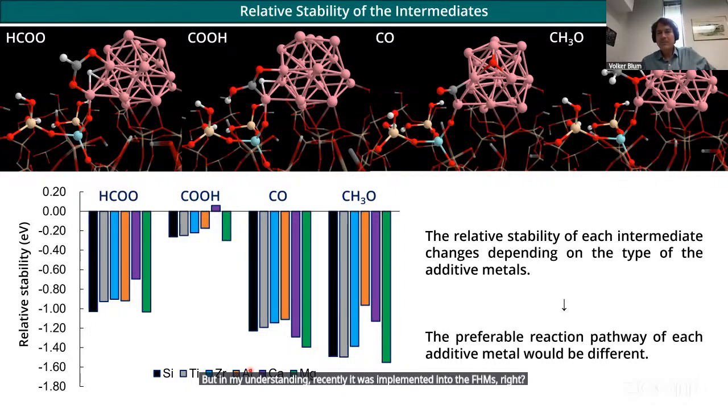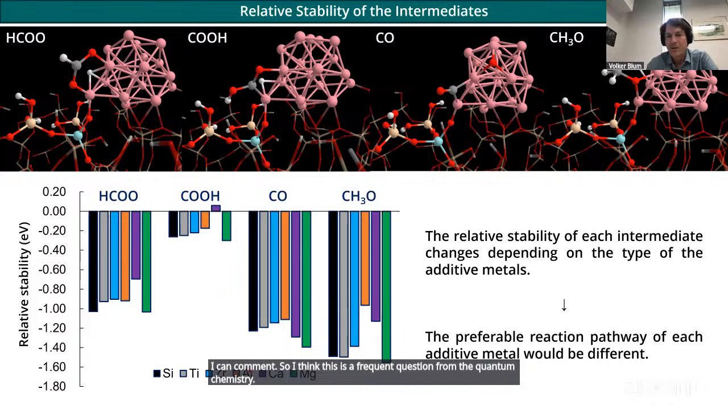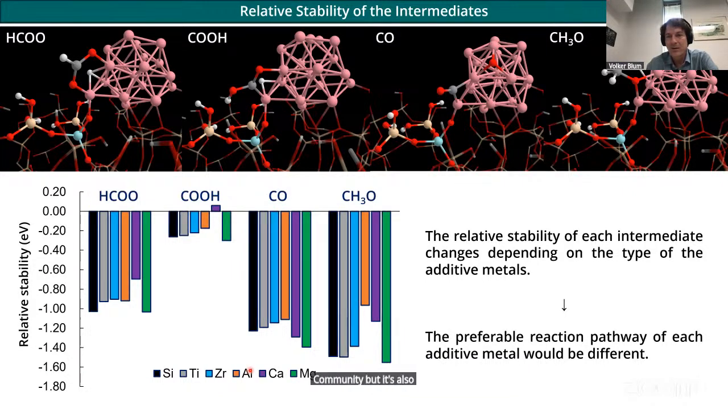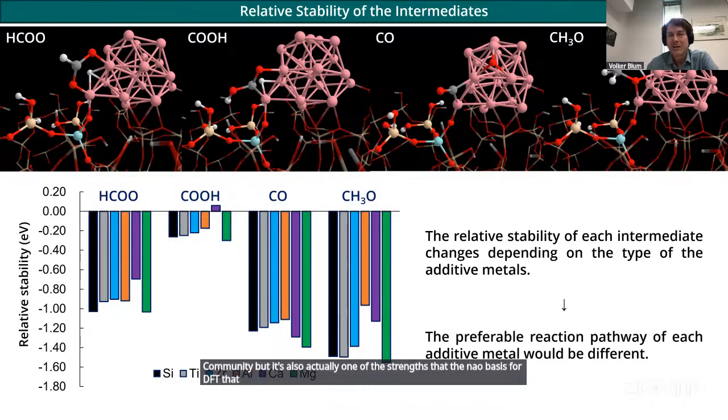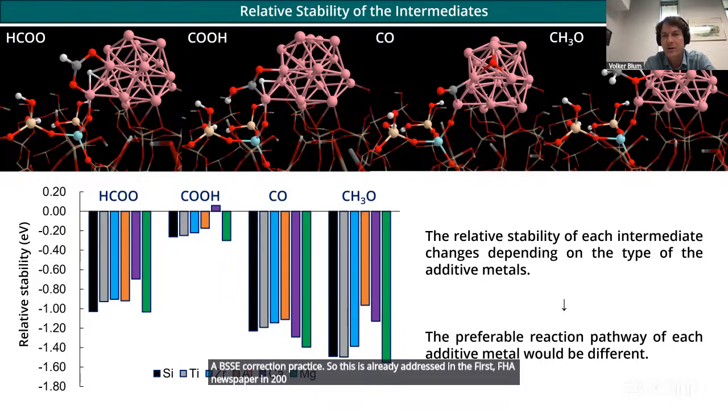I can comment. Yes. I think this is a frequent question from the quantum chemistry community, but it's also one of the strengths of the NAO basis sets for DFT, that we don't need a BSSE correction in practice. This was already addressed in the first FHI-aims paper in 2009, and that experience has not changed.